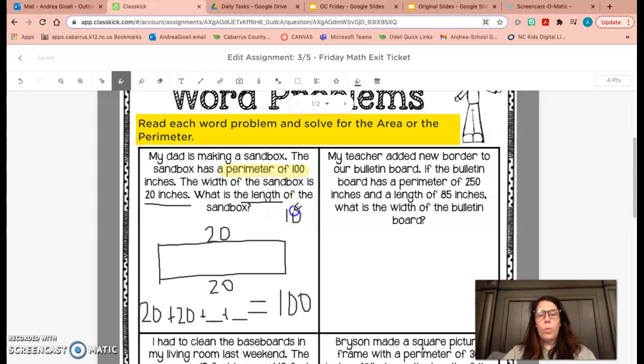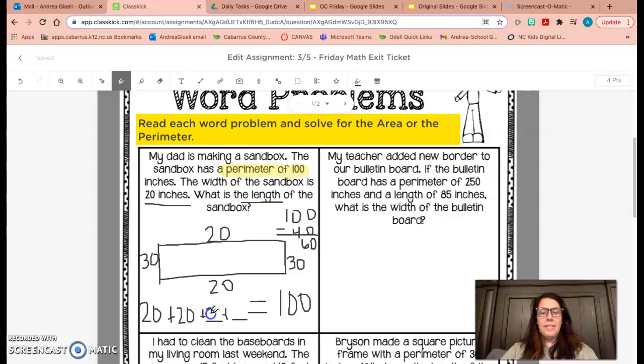I'm going to take my 100 and subtract the 40 that I have already used, and I'm left with 60. Now I have 60 that I have to use between two sides. So remember, we take our 60 and we cut it in half. Half of 60 would actually be 30. So 30 is going to go on this side, and 30 is going to go on this side.